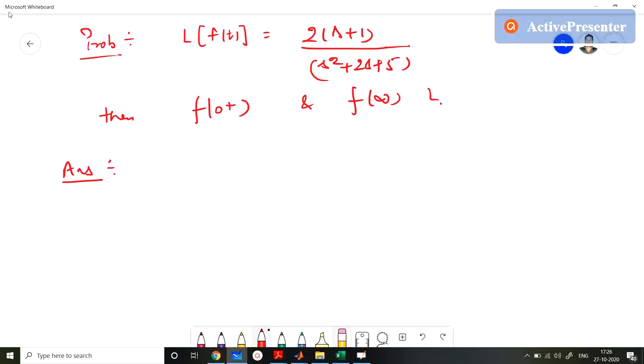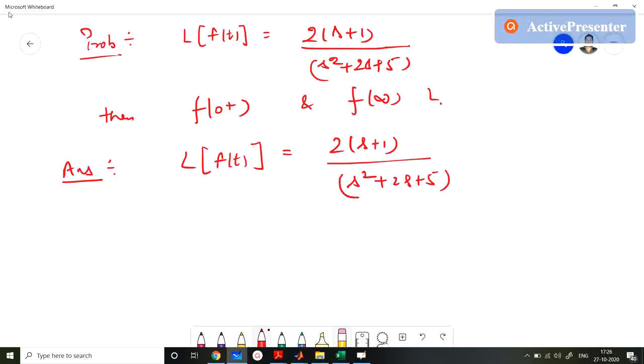The Laplace transform of f(t) is (2s + 1) divided by (s² + 2s + 5). If we analyze this, we can find that all the poles exist in the left half. So the system is stable. Also the degree of the numerator is less than the degree of the denominator. So everything is fine for this problem.